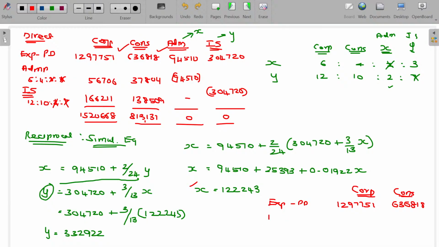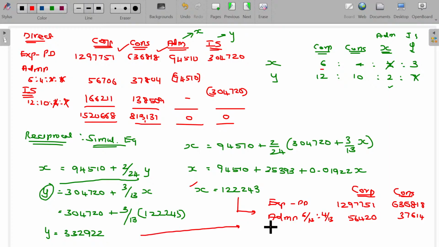Admin overhead will be distributed in what ratio? 6 bar 13 is to 4 bar 13. It is not 6 bar 4. So 1,22,243 into 6 bar 13 is 56,427, I think 420, okay, rounding error. No problem. Here 37,614. Rounding error, no need to worry further.